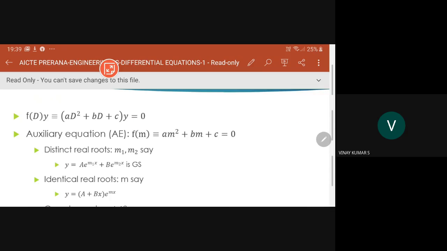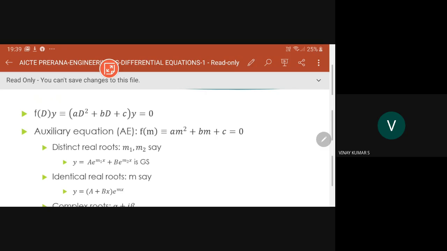I have taken a simple equation, a D square plus b D plus c into y is 0.